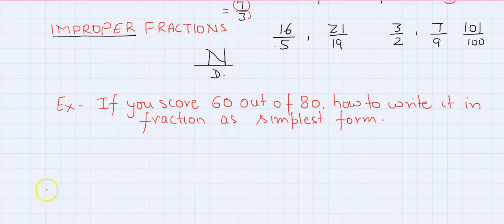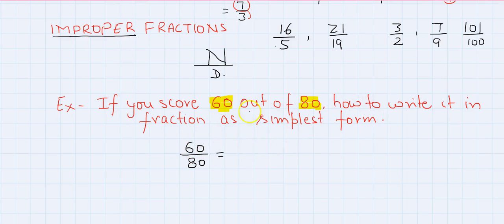Now let's take an example of fractions. Suppose you score 60 out of 80. You have to write it as a fraction in the simplest form. So 60 out of 80 is written as 60 over 80. Now we know that 60 over 80 has some common factors.